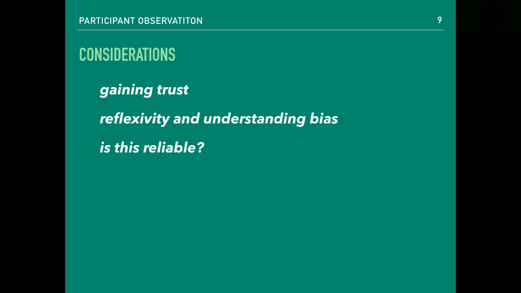And then also understanding your own positionality, your own biases. So we all come at this with our own life experiences, our own understanding of situations, and that's okay. It's just important to be mindful that that's happening, and also to reflect on it. Like, what are the barriers to understanding a particular situation?